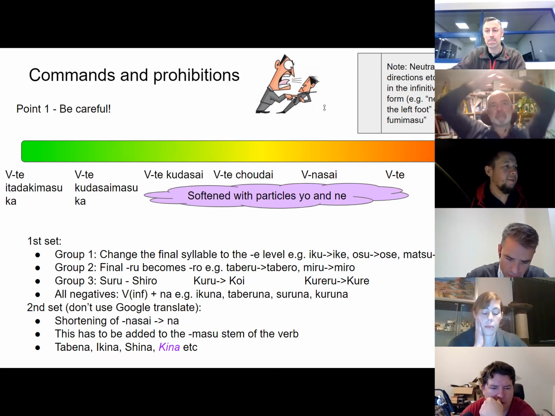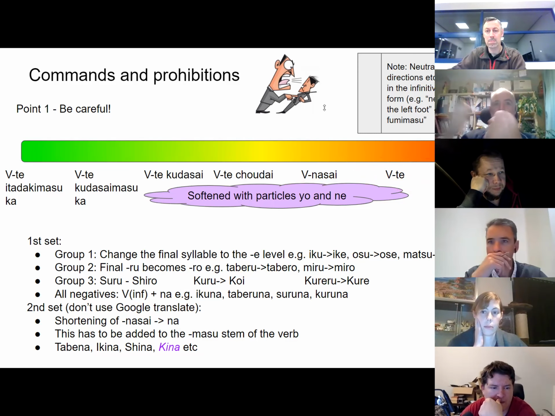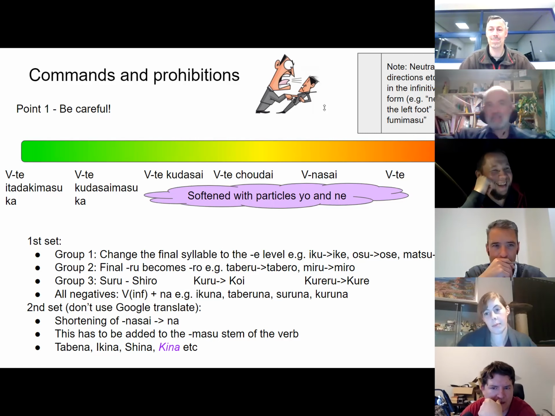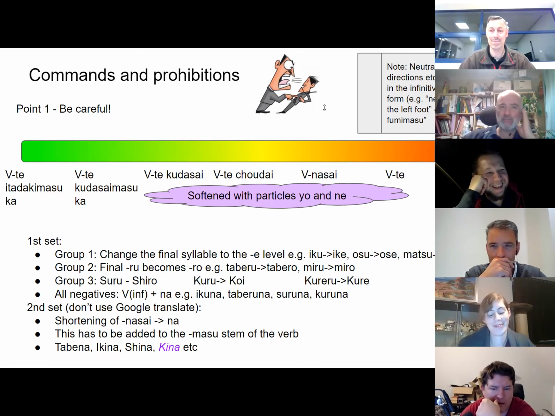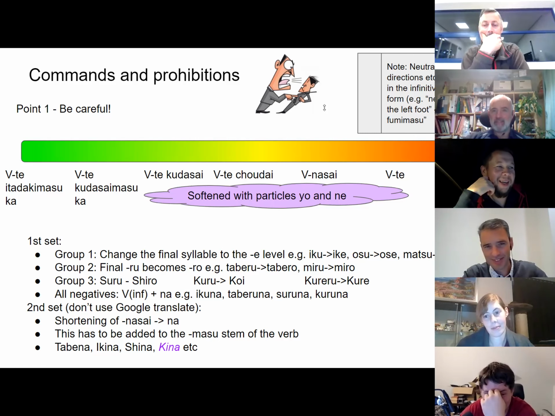Of course, it depends also on how you say it. If you grab them by the collar, shake them and say it, even if you say "yonde itadakimasen ka," with their head going like this, it's less polite than keeping two meters distance from them and saying something like ike. Exactly.